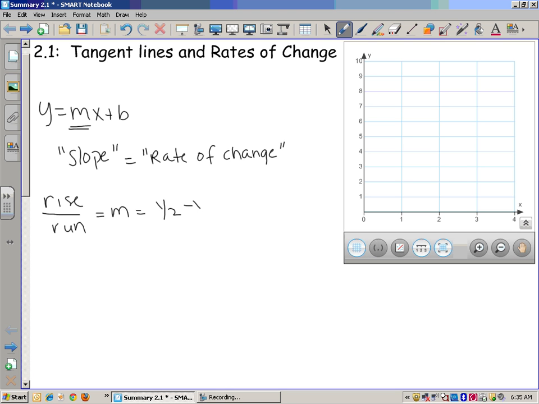And you could calculate it like this, given any two ordered pairs. And remember, an ordered pair for this graph had to be on the graph. So if it was a line, it traveled through the point (x1, y1) or (x2, y2), right? Connecting those dots.